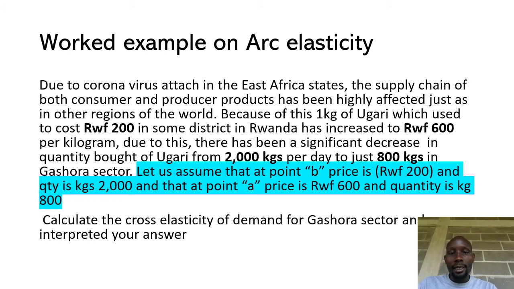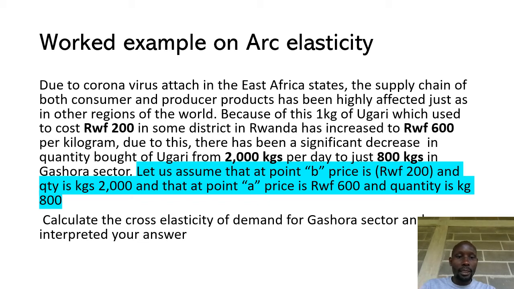Due to this, there has been a significant decrease in the quantity of ugali bought, from 2,000 kilograms per day to 800 kilograms in Gashora sector. So let us assume that at point B, price is 200 and quantity is 2,000 kilograms, and that at point A, price is 600 francs and the quantity is 800.